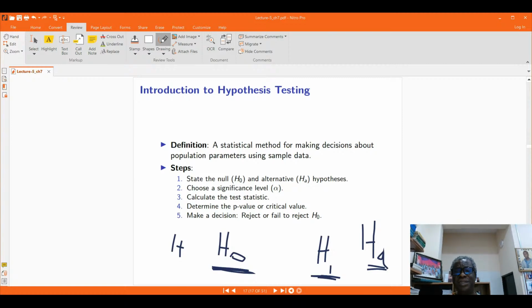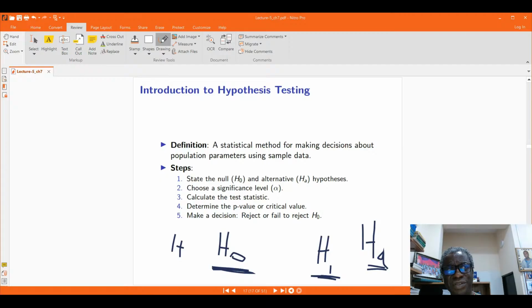Then the second step is to choose a significance level. In the last lecture, we discussed the confidence level and, side by side with it, the level of significance. You recall I told you if your confidence level is 90%, then your significance level is 0.1, 10%.